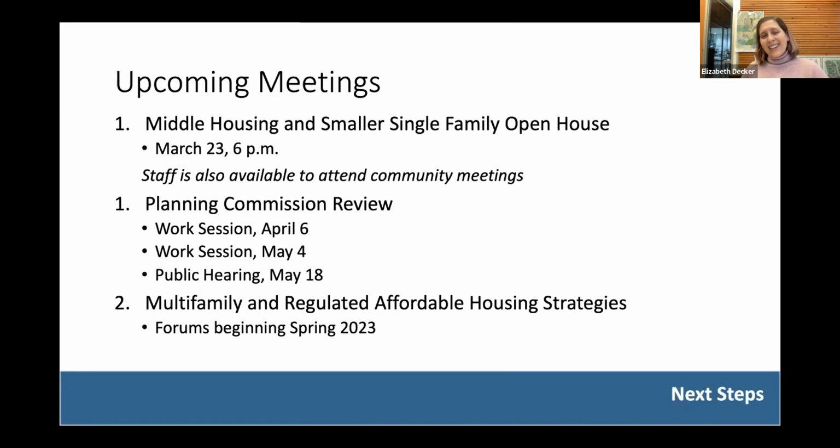And then you can also be looking ahead to our second forum series that will address the multifamily and regulated affordable housing strategies, and also the middle housing for these medium density and high density zones. We'll do a very similar series of forums. Those are going to start in spring.